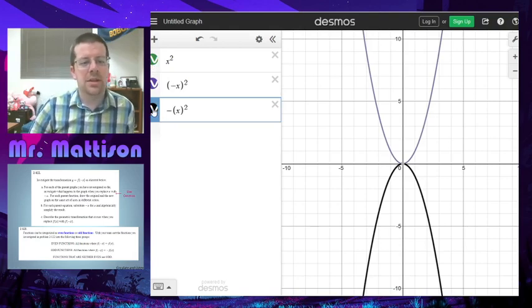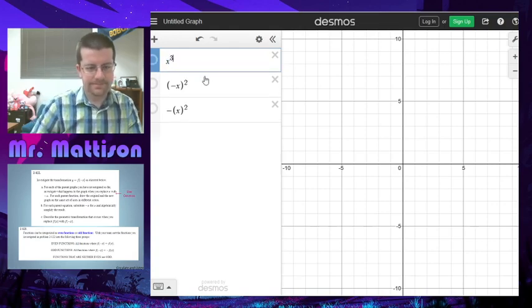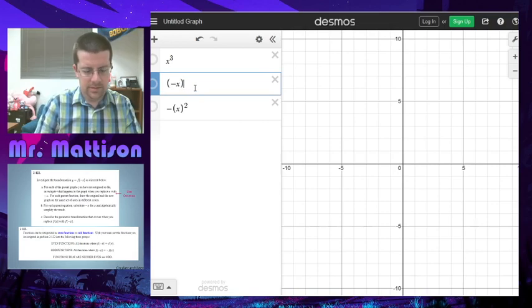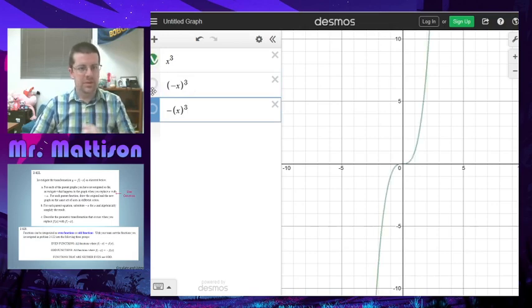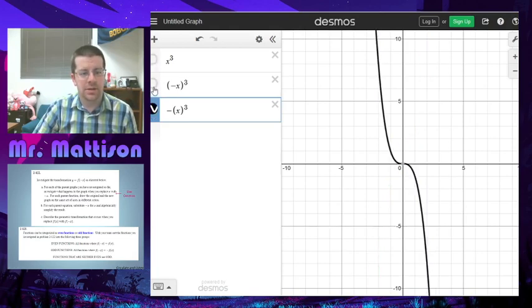So what if we check this with x to the third? Here, these two are not the same, so it's not even. And then these two are the same, so it's going to be odd.